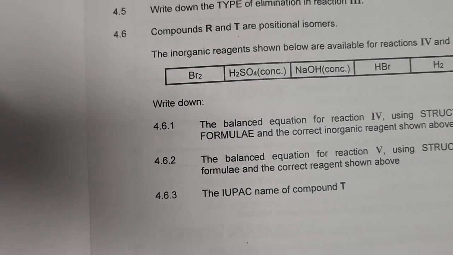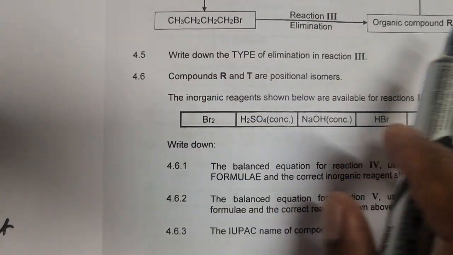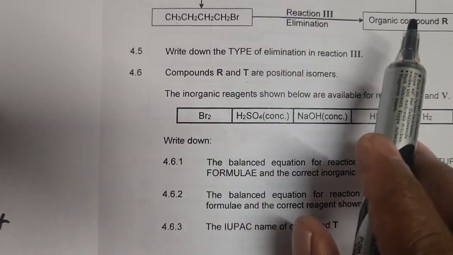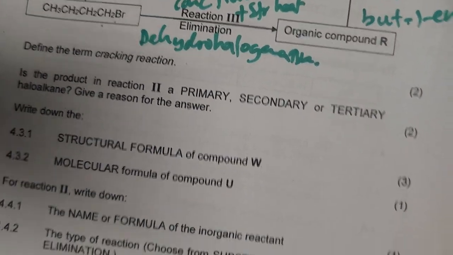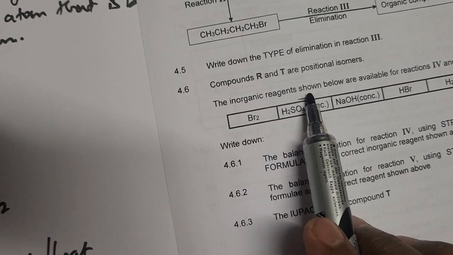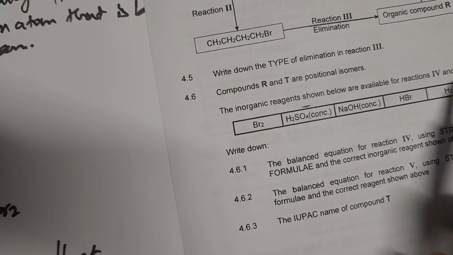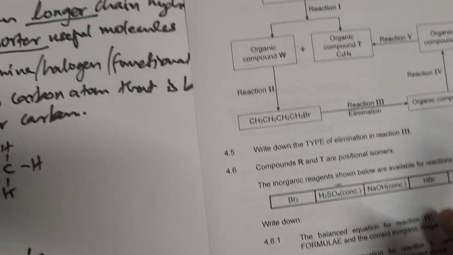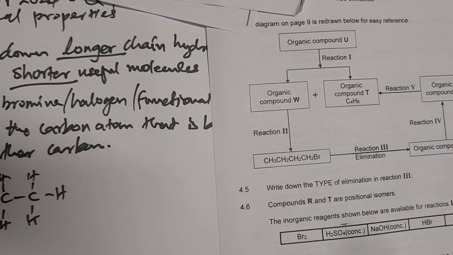4.6. Now, compounds R and T are positional isomers. R and T, yes. Remember we said this one is but-1-ene and but-2-ene. Fine. Therefore, yes, we agree. Inorganic reagents are shown below, available for reactions 4 and 5. Remember we said reaction 4 is hydration and reaction 5 is dehydration.